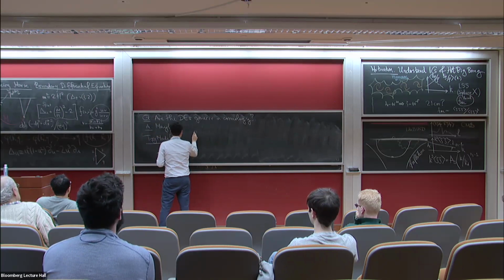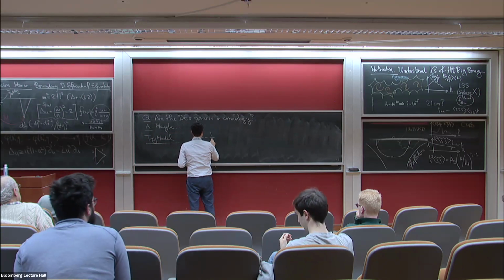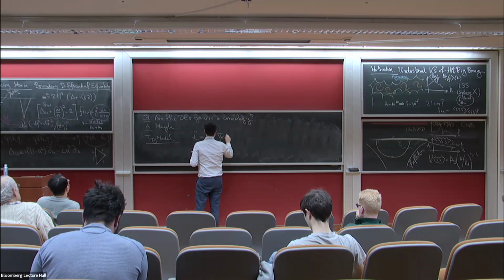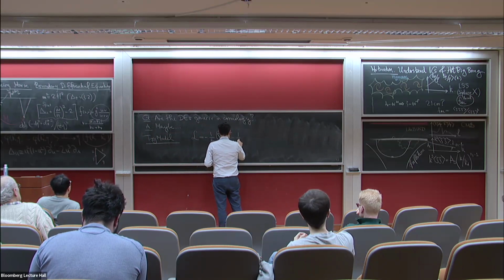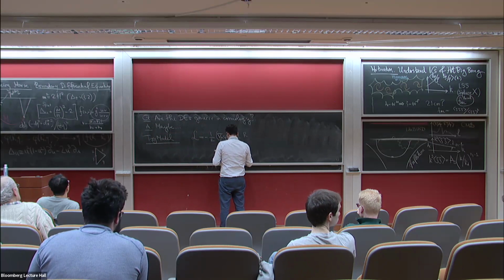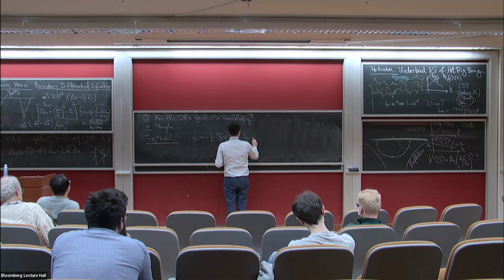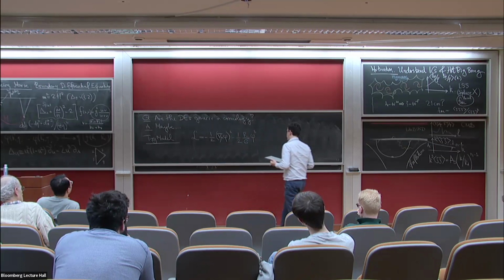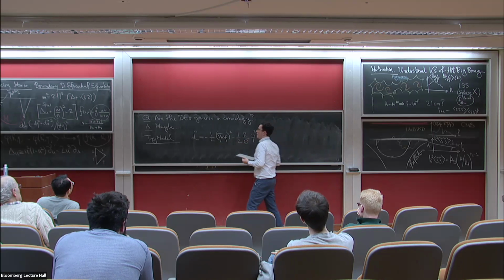Our model is just a single scalar field with self-interaction. Now I'm going to cheat by tuning the mass to the curvature of space-time, so it's conformally coupled, which makes the propagator always very simple.